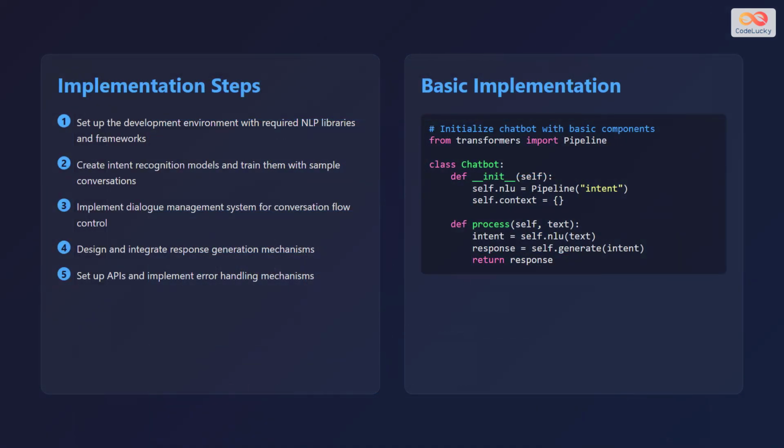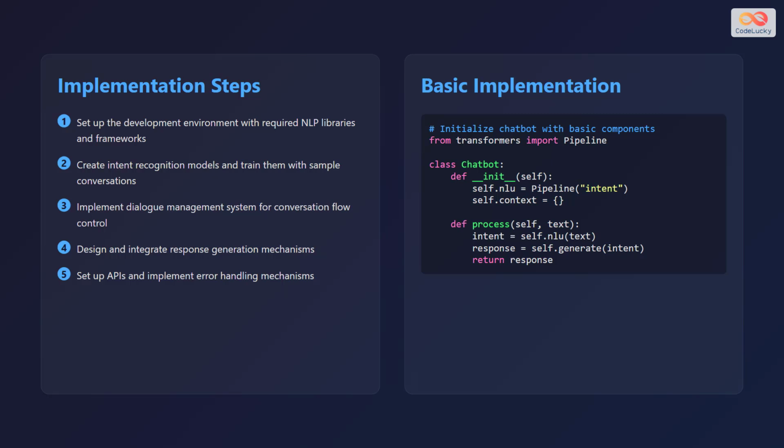Here is an overview of the process of implementing your own AI chatbot. First, set up the development environment with the required natural language processing libraries and frameworks. Next, create intent recognition models and train them with sample conversations. Then, implement a dialogue management system for conversation flow control.